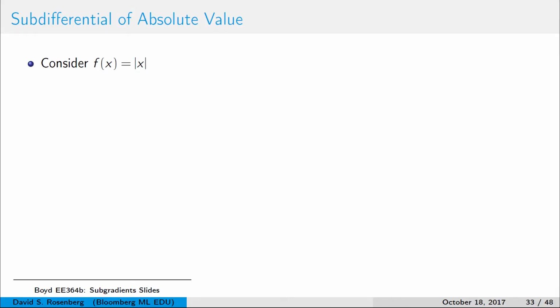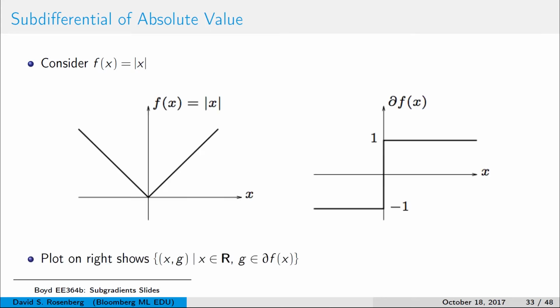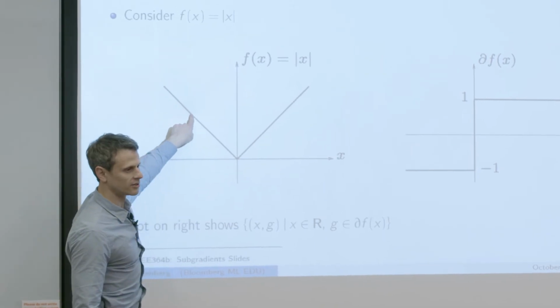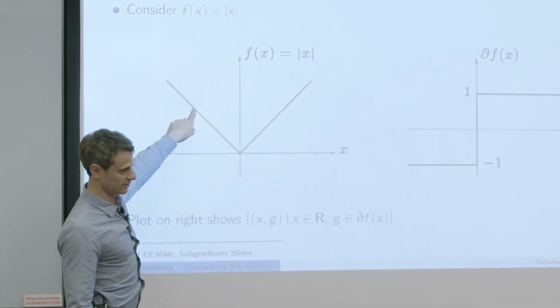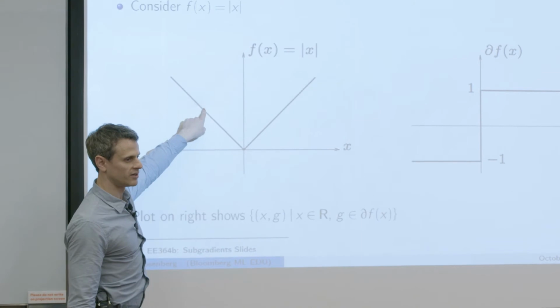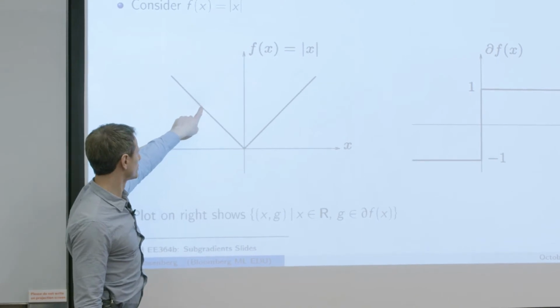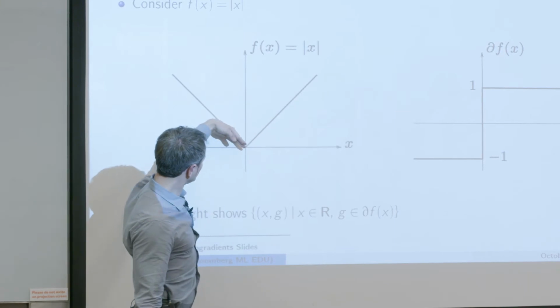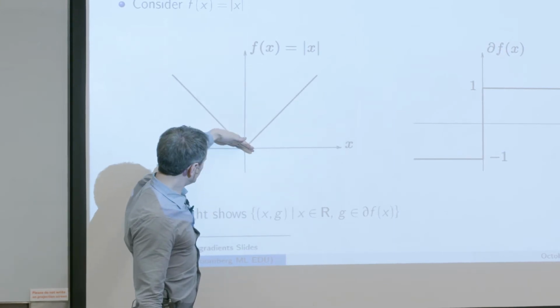All right, let's work an example. Absolute value of x. So here's the graph of the function on the left. What slopes do we need here to get a global underestimator? -1. This is also the gradient here, the slope here. And here, 1. And here? -1.